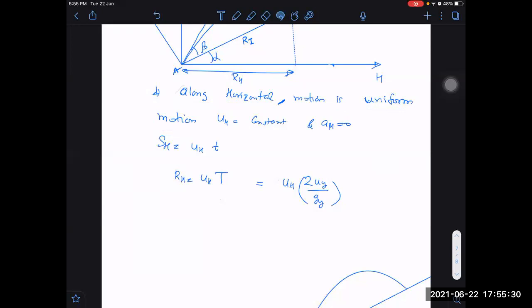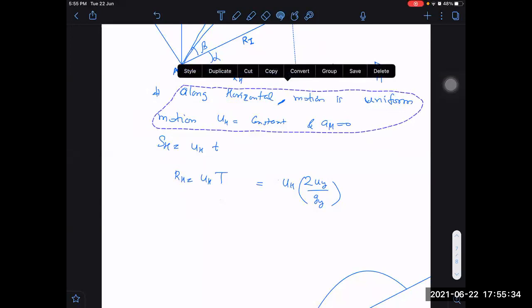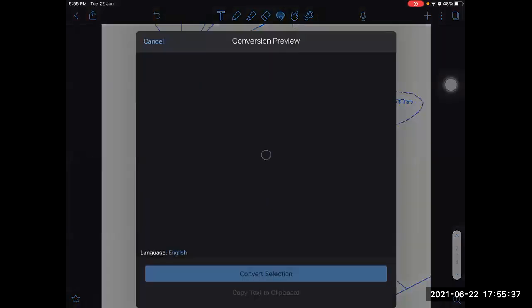Is that fine? Let me convert it into text.